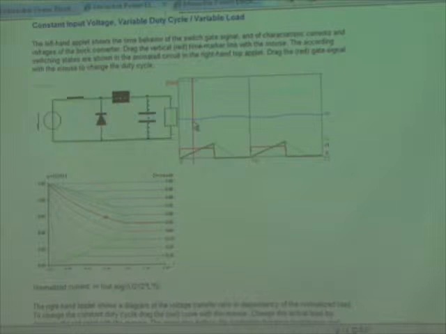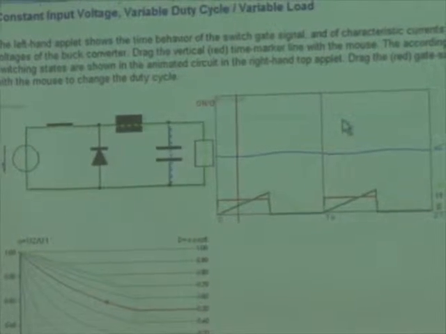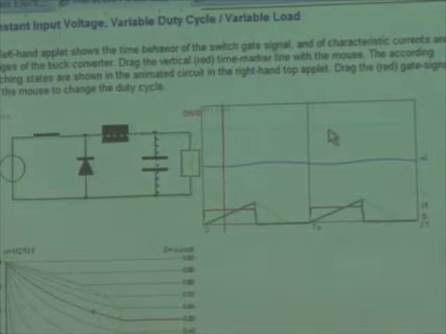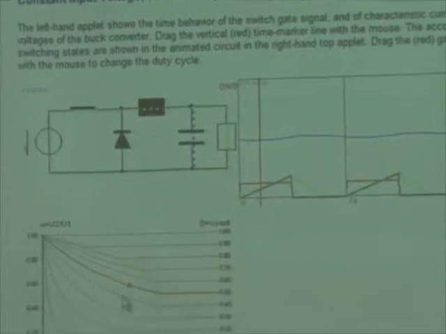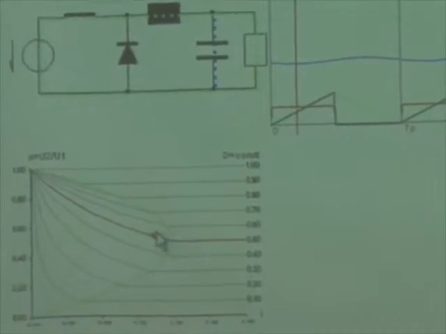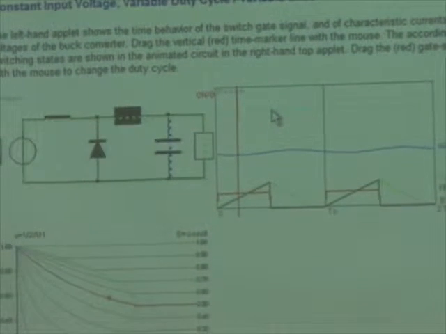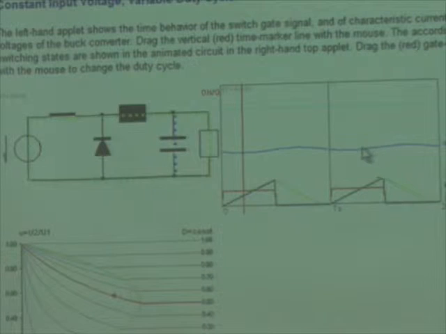So what kind of waveform is this? First, what is this one? Can you see in the graph? This is U prime. The sky blue color is the input voltage. Now the input is fixed. And the blue colored line with a little ripple on it represents the output voltage.